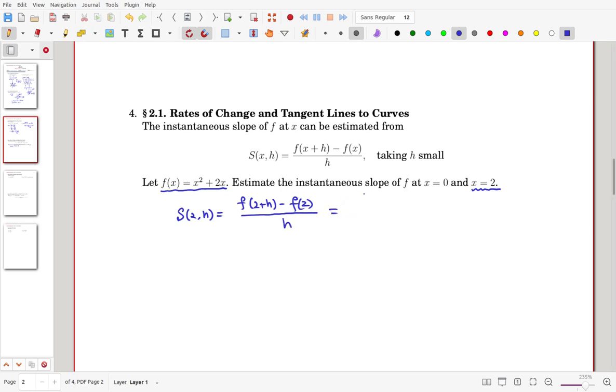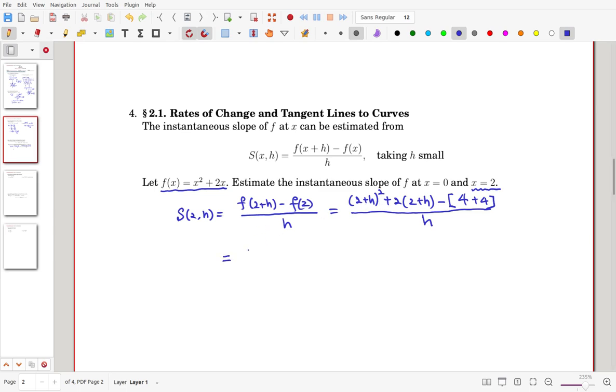Okay, that is f(2 plus h). That is 2 plus h squared plus 2 times 2 plus h, minus, now once x equals 2, that'll be 4, so we have a 4 and one more 4. Now divide by h. Okay, we'll try to simplify it.